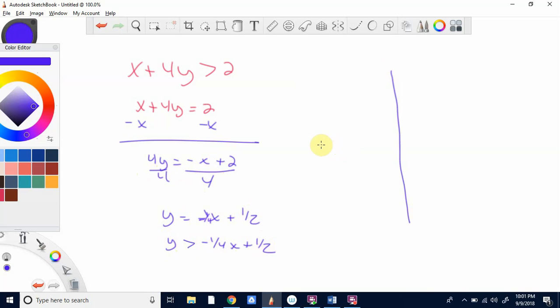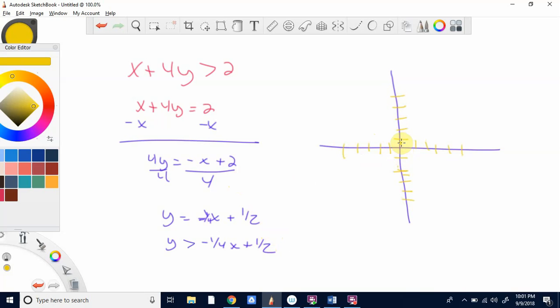How do I graph it? Well, I come to my graph just like this, and I'm going to go up to 1/2, which is about right here.